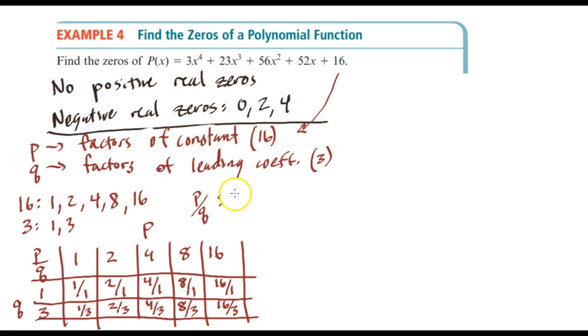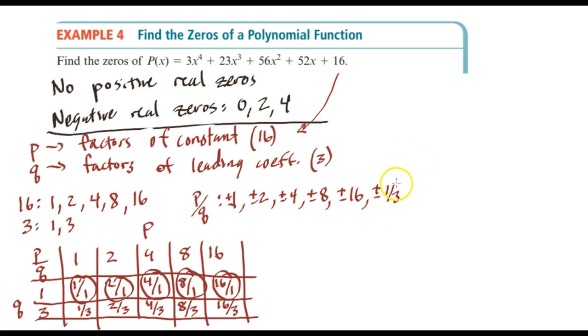So that would give us plus or minus 1 from 1 over 1, and then plus or minus 2 from 2 over 1, plus or minus 4 from 4 over 1, plus or minus 8, plus or minus 16, and then we have plus or minus 1/3, plus or minus 2/3, 4/3.